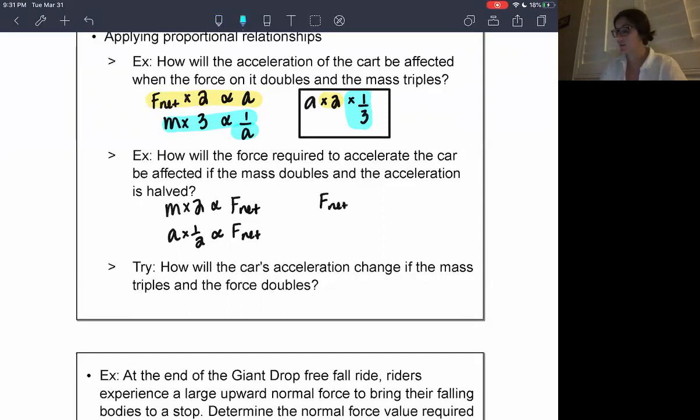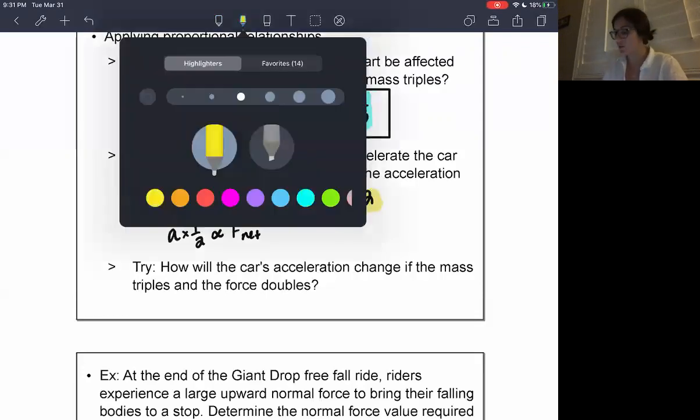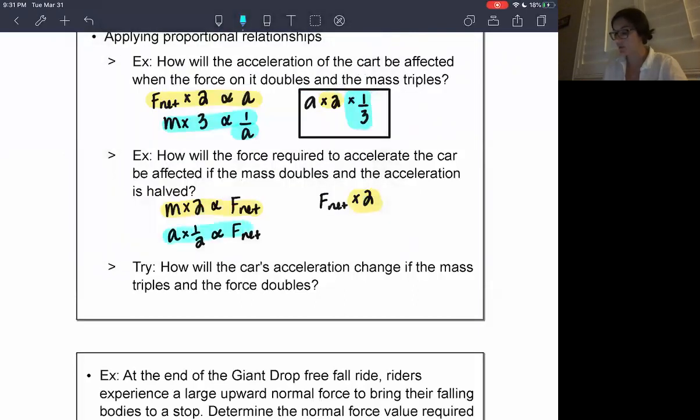Since it is directly proportional to my mass, that means it's going to change by the same factor. So my net force is also going to be doubled. It's going to be multiplied by 2. And since my net force is also directly proportional to acceleration, that means it is also going to change by the same factor. So if acceleration was halved, that means net force is also going to be halved.